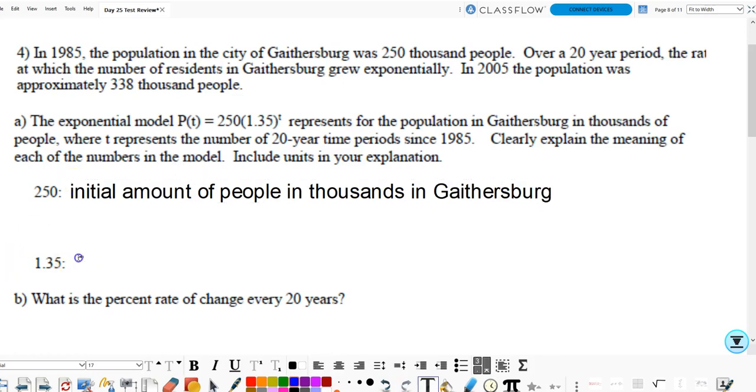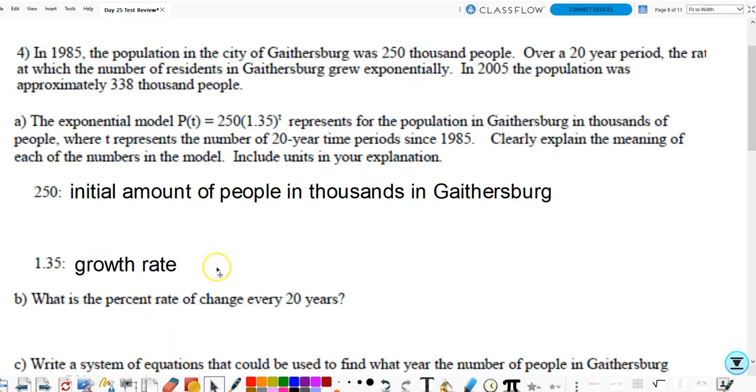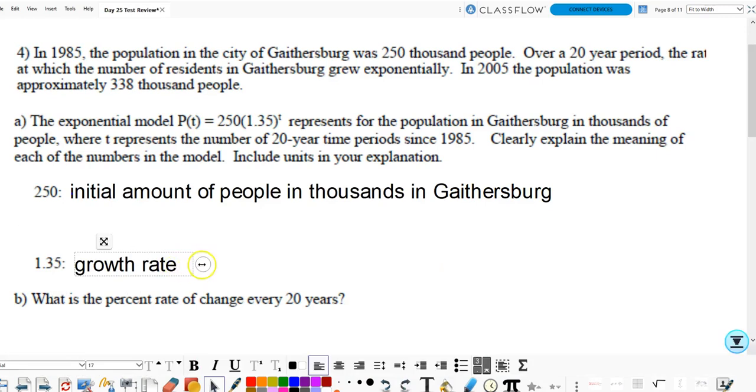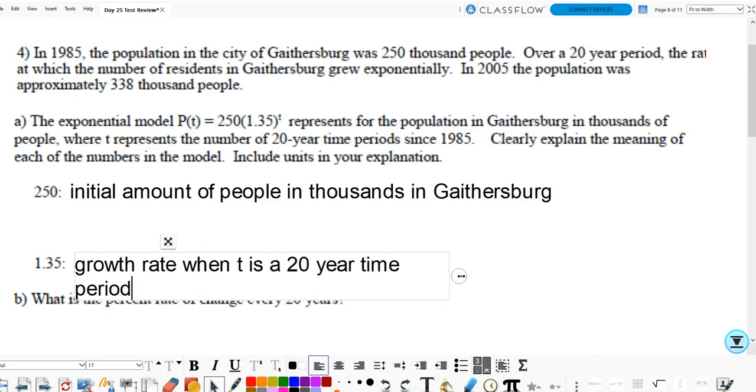And then 1.35 is the growth rate when t is a 20-year time period.